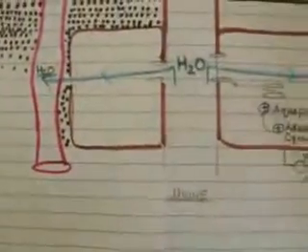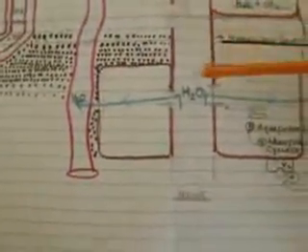And ultimately, through this whole process, there's a formation of urine, which is the excretion of metabolites and certain waste products. So in the next lecture, we'll talk in more detail about each system of the nephron.